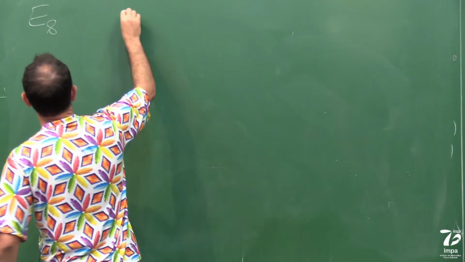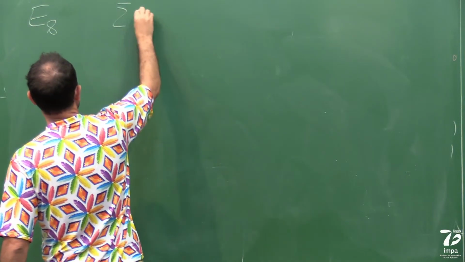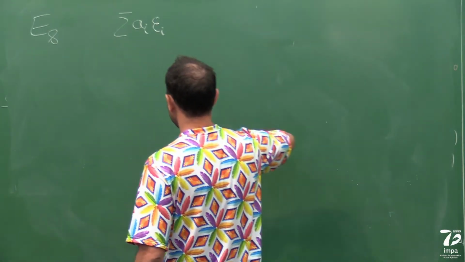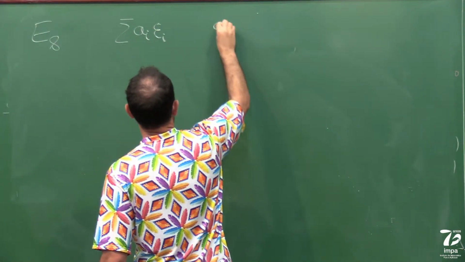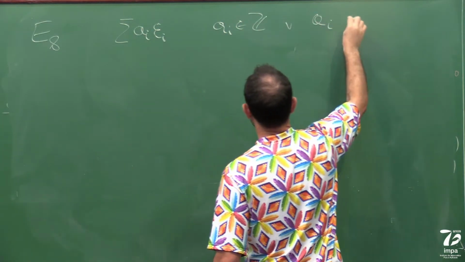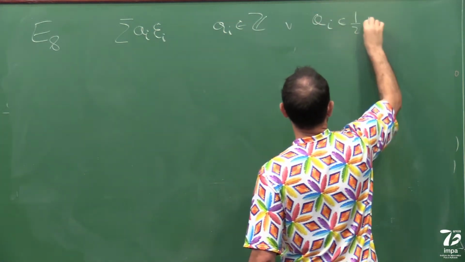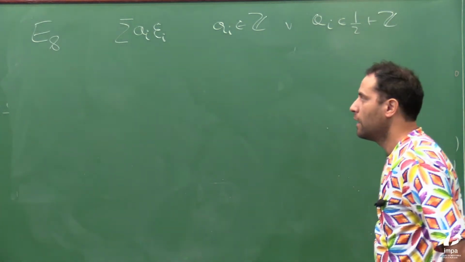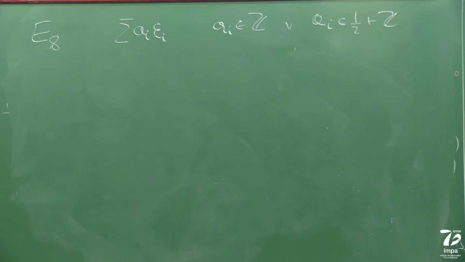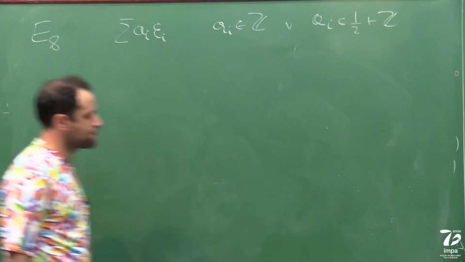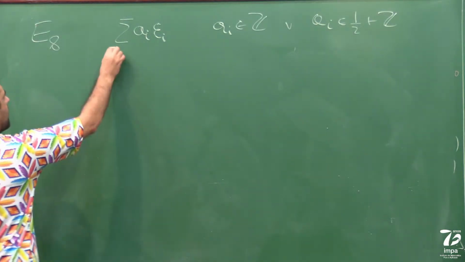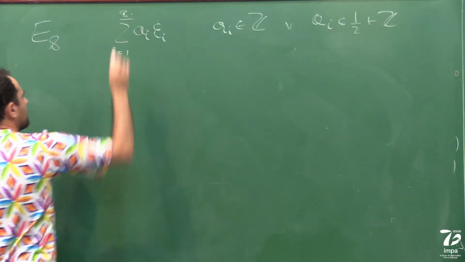The lattice itself is interesting because it consists of elements of the form sum of a_i epsilon_i, where the a_i are either all integers or all half integers, and you require that the sum be even. Here i goes from 1 up to 8.